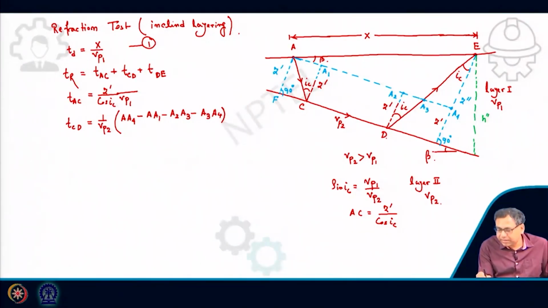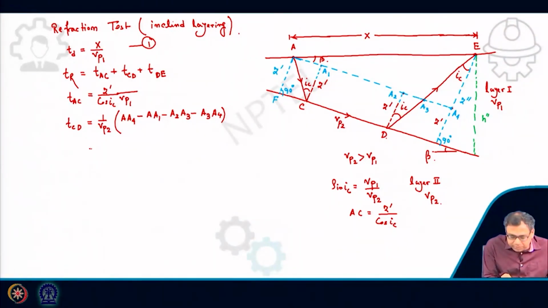That distance I am taking as AA4, then I minus this distance, this distance and this distance, so that I will get only A1A2. CD is equal to A1A2, that I am getting here.